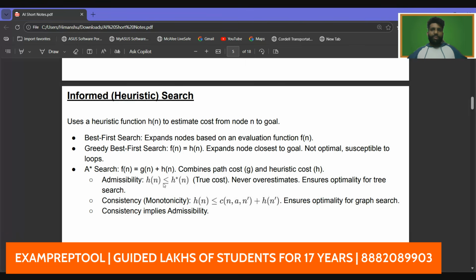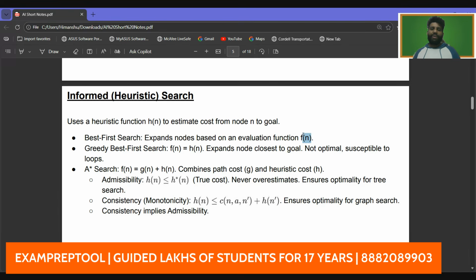So overall, g(n) plus h(n) can give me the idea of my overall estimated cost of reaching the goal state from my start state. Okay, that's how we bring in the concept of the heuristic function. So best first search expands the nodes based on the evaluation function.